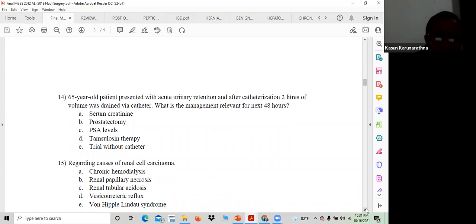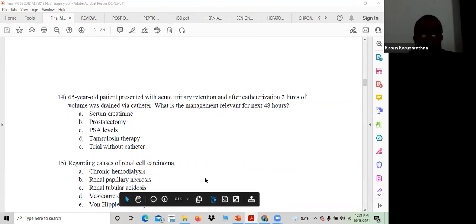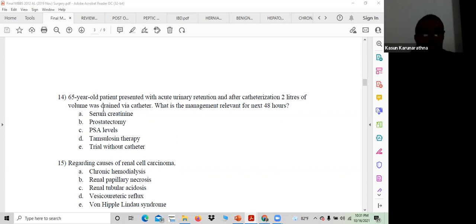Tamsulosin therapy, yes. If it is prostatomegaly, if you suspect BPH, yes, you should start tamsulosin and finasteride, a 5-alpha reductase inhibitor, as well. Considering the age, it is BPH.